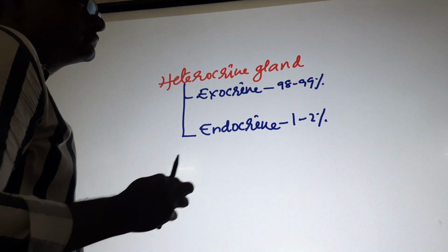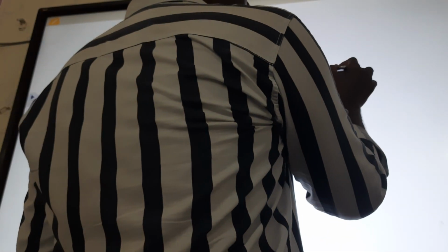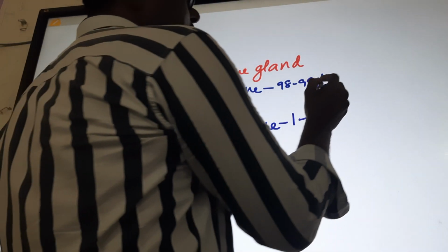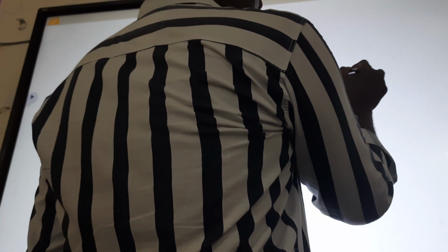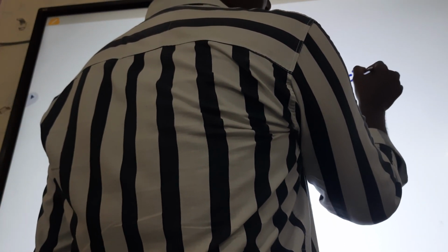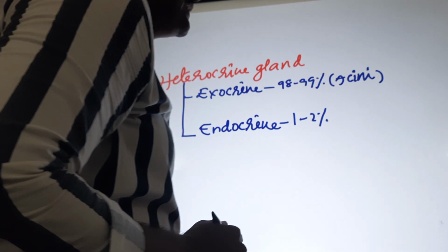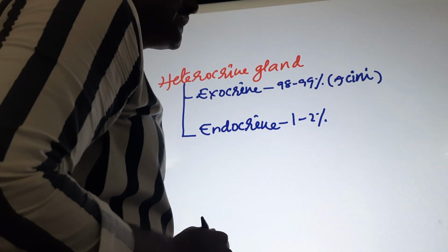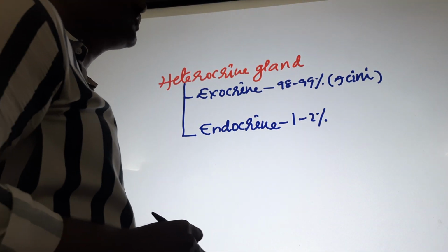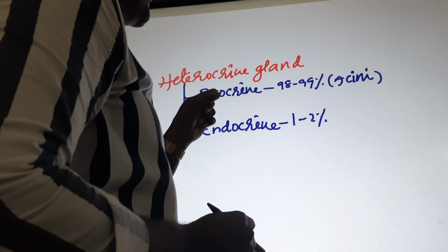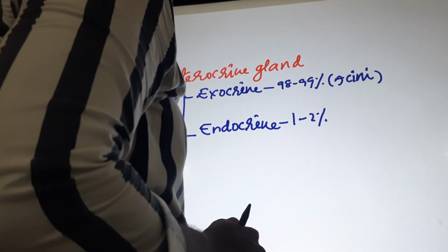Exocrine portion has the cells known as acinal cells. Also, we write like acini. What is that? Acinus singular, acini plural. It's a cluster of cells. Exocrine portion consists of acini.